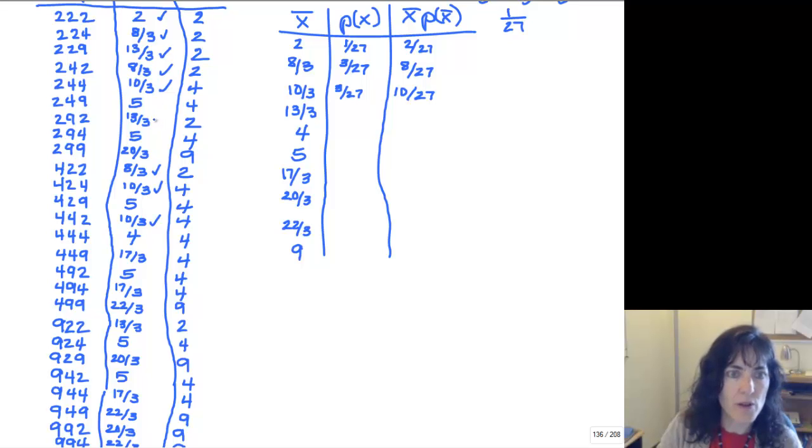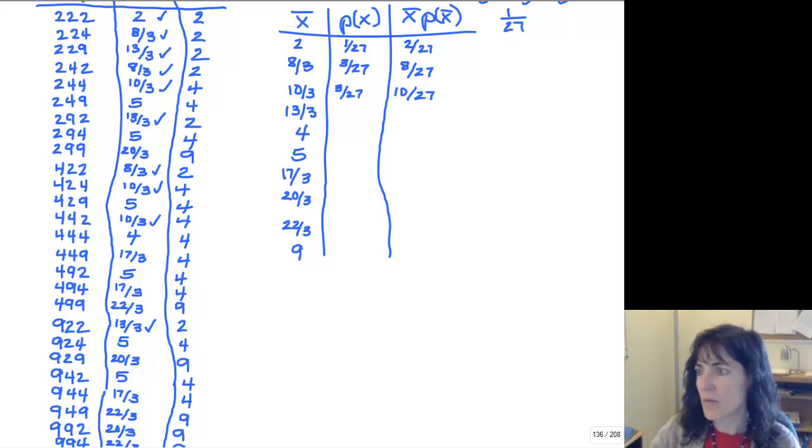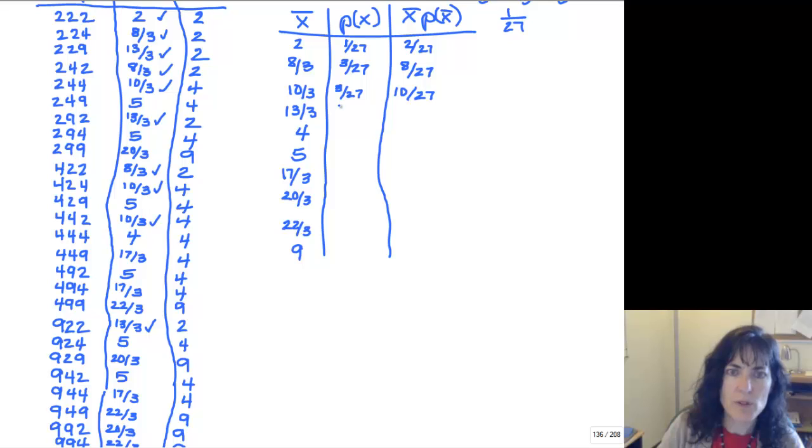So I have 1, 2, 3, so I have 3 of those, so it'll be 3/27, and multiply them again, and I get 13/27.